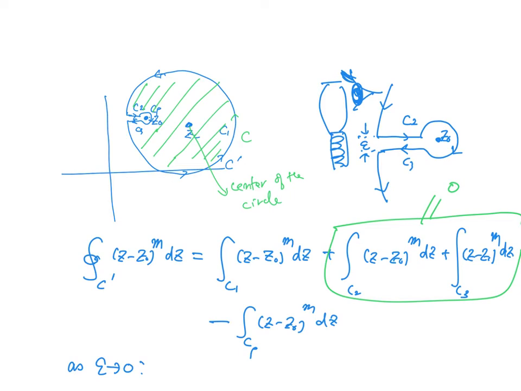Then C prime becomes C. C1 becomes C. So we have the following result: the integral over C of (z minus z0) to the m dz minus the integral over the small circle of (z minus z0) to the m dz is equal to 0, because the original integral, z naught is outside of this region.